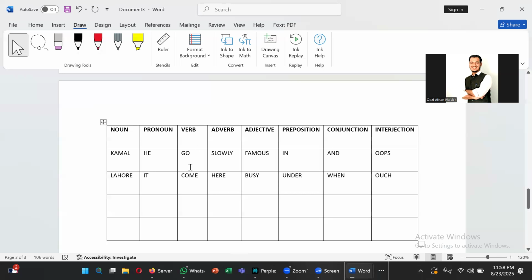Verb like go, come, speak, talk, remain, is, am, are. Adverb adds something about the verb: I go slowly, I come here, I talk fast. Adjective is related to the modification of a noun or pronoun. For example, I am famous, she is busy, you are intelligent.